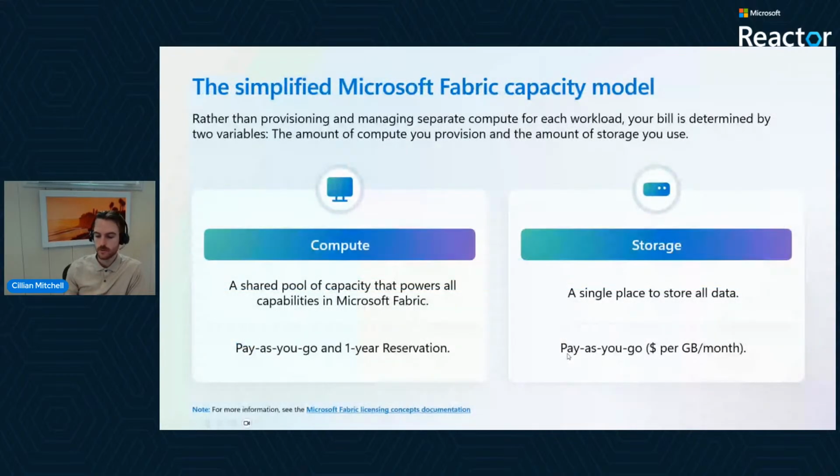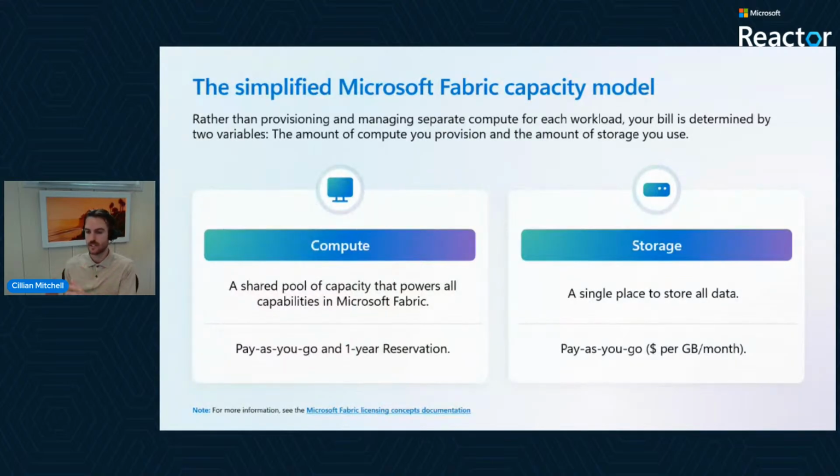With compute, you basically just purchase one capacity that powers all of the different Fabric capabilities you have, from Copilot in Fabric to data agents, to your data science, to your data engineering, to your real-time intelligence. All of it runs on your Fabric capacities, which is obviously not only easier to manage, but helps make sure that capacity isn't sitting idle, right? If your data science team isn't necessarily using your capacity, well, your data engineering team is.